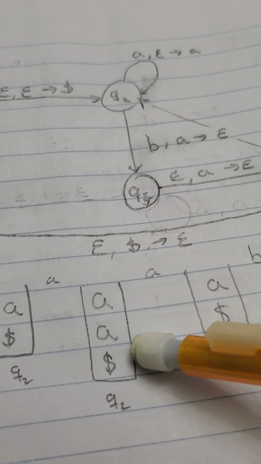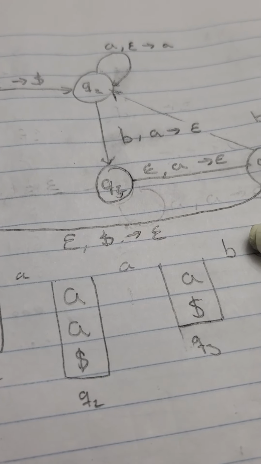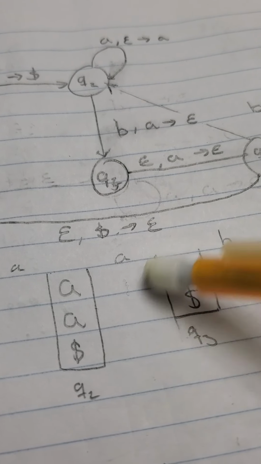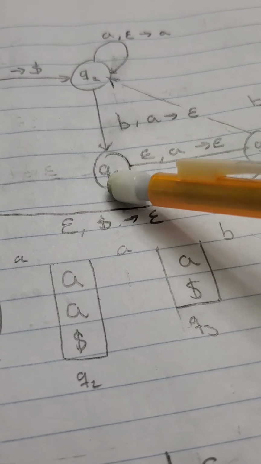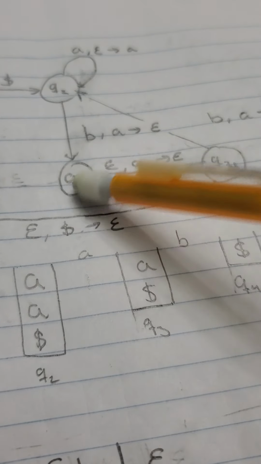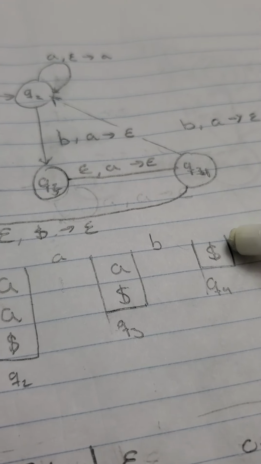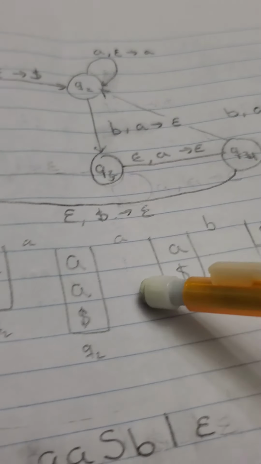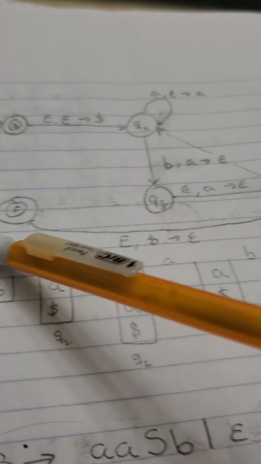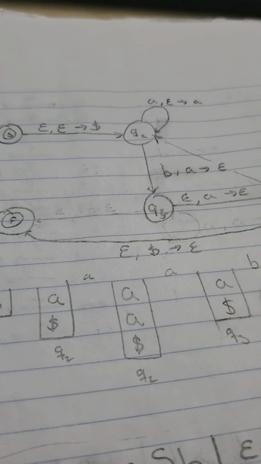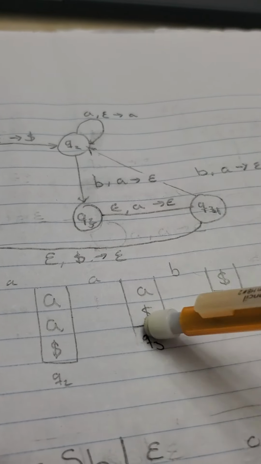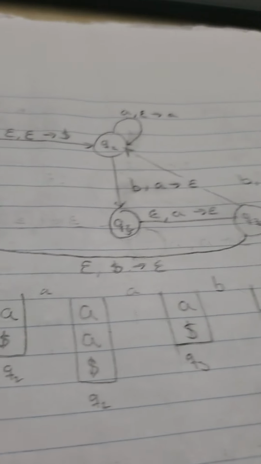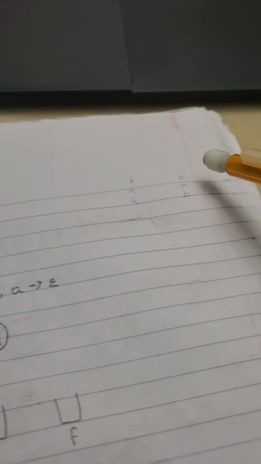And as we're receiving the B, what we should do is pop A. So we're having A popped. As we know that it's empty, we should pop again A, and we should have the dollar sign. As we know we have this dollar sign, we already know that it's finished. So we pop the dollar sign, and it should be empty, go to the final state, and should be accepting A and B.